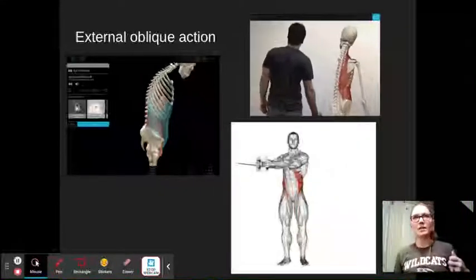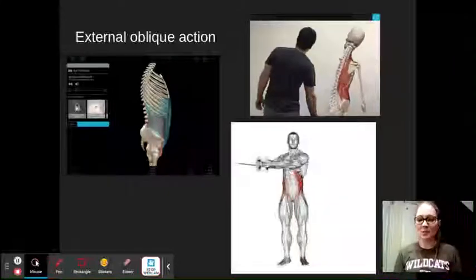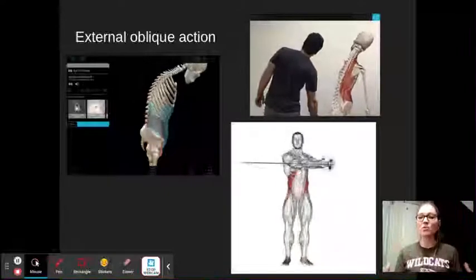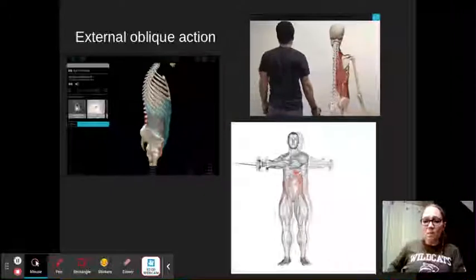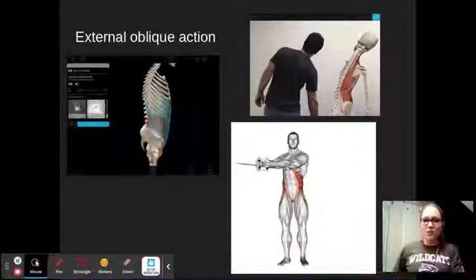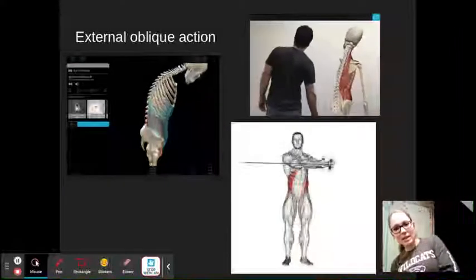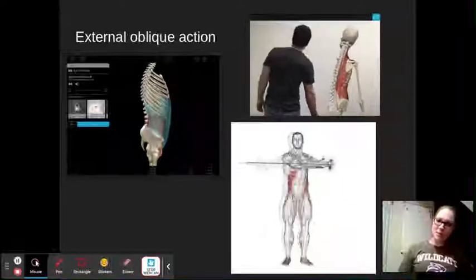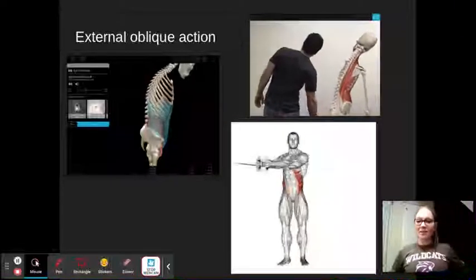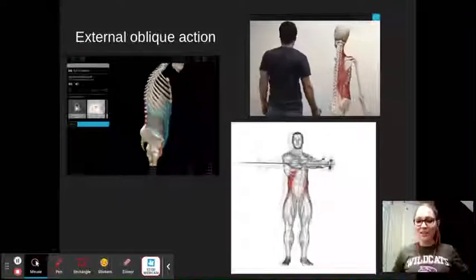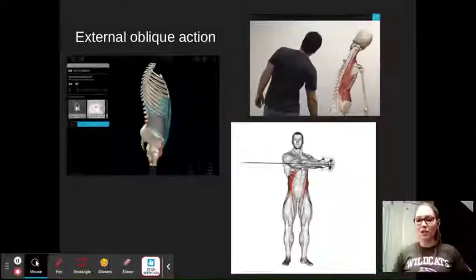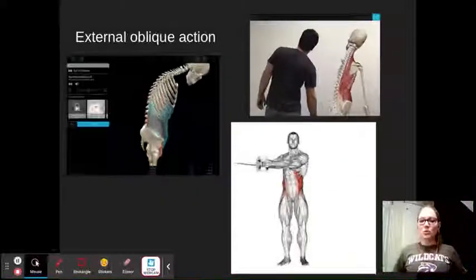My biggest piece of advice when you guys are learning this is do the movements yourself. Feel your muscle contracting as you do these movements. Because if I go down and I want to reach back up towards the top, the external oblique is the one that's assisting me in that motion. So you guys use your body to study.